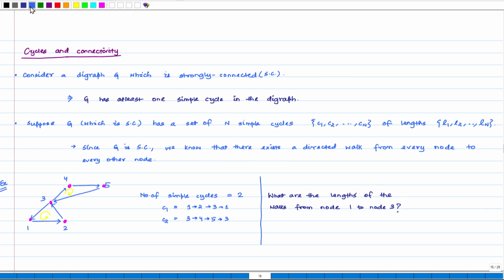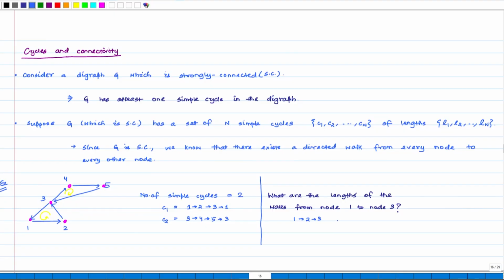So we can see that the smallest possible walk goes like this, 1 to 2 to 3. But now notice that we also have the cycle C2, which we can use to generate longer walks. This walk has a length equal to 2, but now I can also do this, and then back to 3, meaning I have traced a walk of length 5.